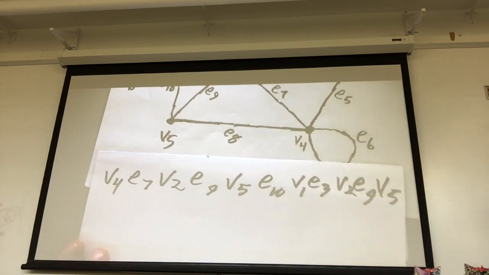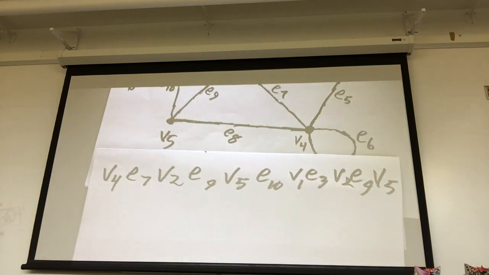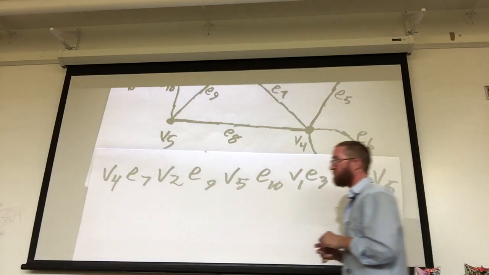That's a long walk. All right, now without even looking at the graph, let's just look at this statement right here. Let's ask ourselves first, is this a trail? And a trail would mean that there are no repeated edges.